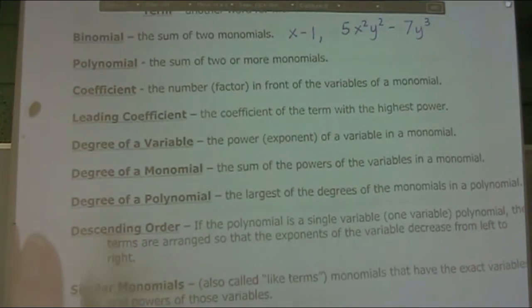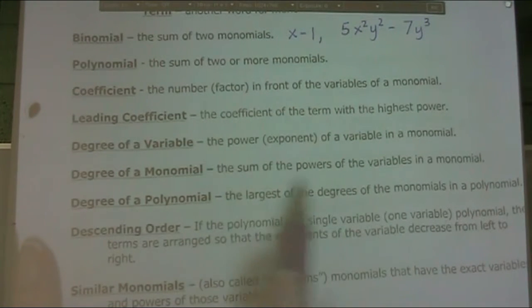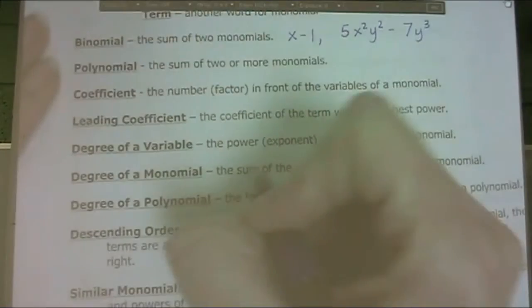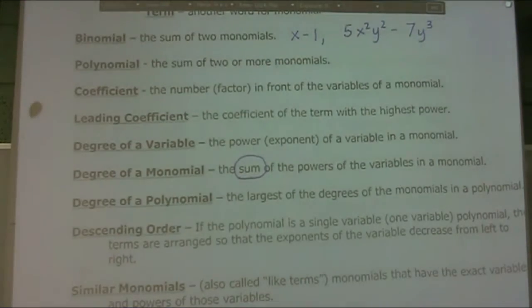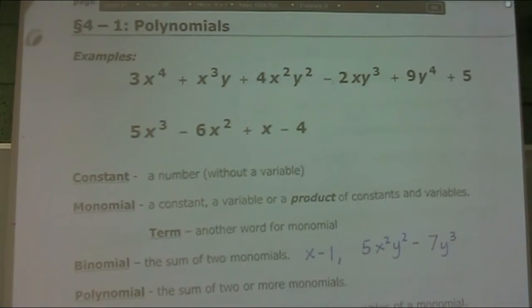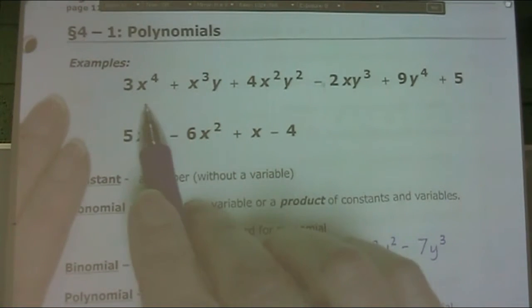Then we have the term degree of a monomial. The degree of a monomial is the sum of the powers of the variables in the monomial. So this is key. It's the sum of the powers. So let's go back to all these individual monomials. Here, the degree of the monomial is 4.